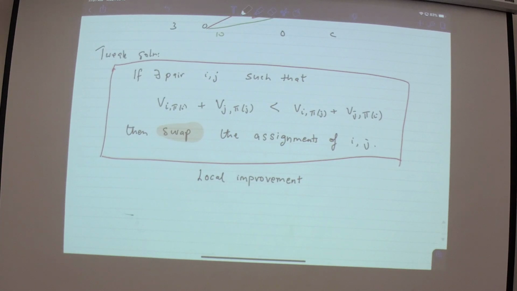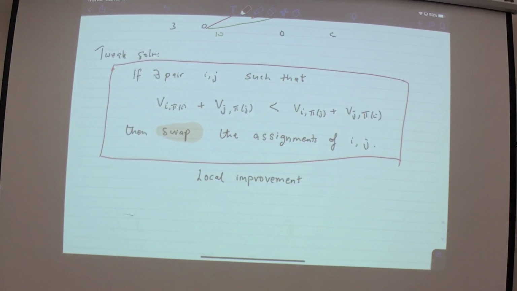It's local because I'm only looking at 2 things. I'm only looking at 2 and trying to swap them. You could imagine, what happens if you have a network of 3 people? You do a cycle swap among them. That might be even better. Sure, but I'm not going to care. I'm only worried about 2. That's okay. It's a local search. I'm saying I'm willing to look nearby, but not too far.